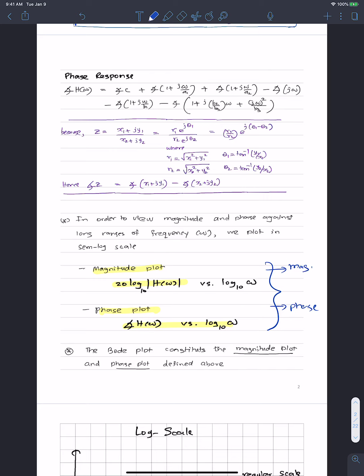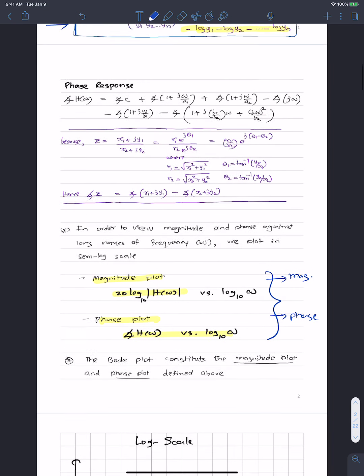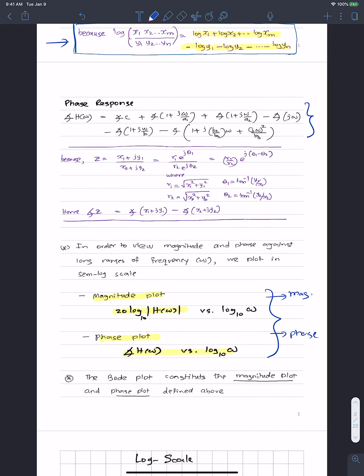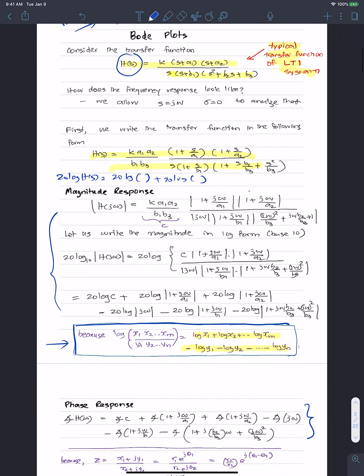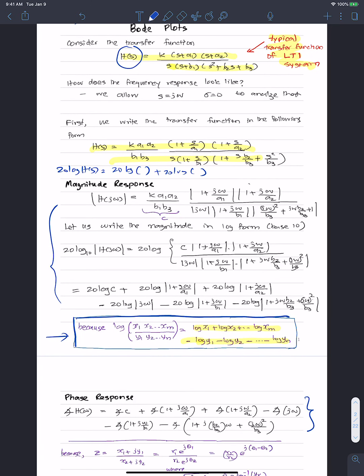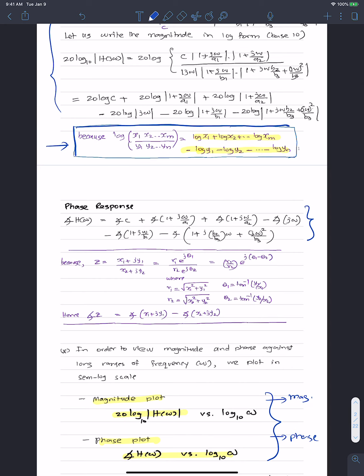Instead of plotting the magnitude, we will take 20 log base 10 of the magnitude. The reason is that it allows us to do the Bode plot fairly easily, especially when H(omega) is a pretty complex expression. We will spend some time on that, and then we will also spend time on how to find the phase. This equation here tells us that the phase can also be decoupled into summations. What used to be complex multiplications of complex numbers can be brought down to summations if you use the log form.